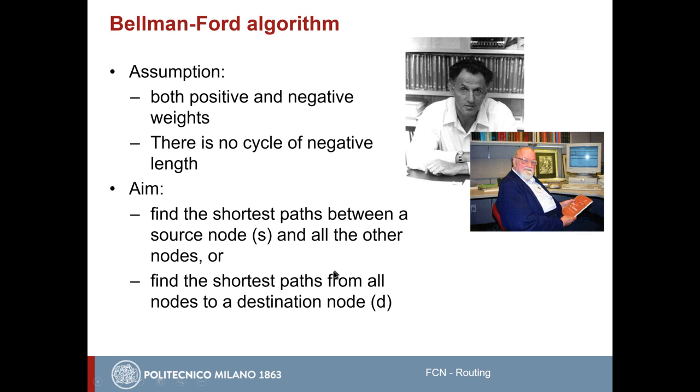If you want the minimum shortest path tree getting to the source node, you will use one kind of application. If instead you want the minimum shortest path tree that is rooted at the source node, you will apply it in this other way.